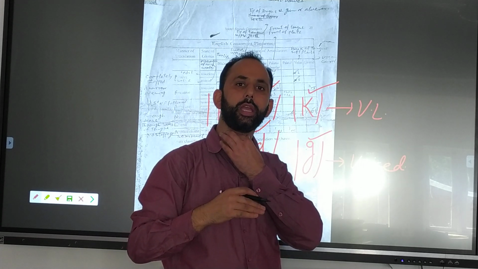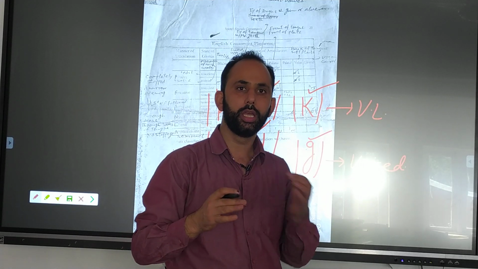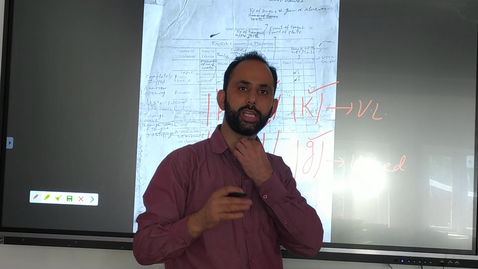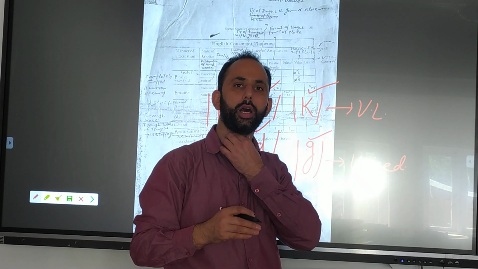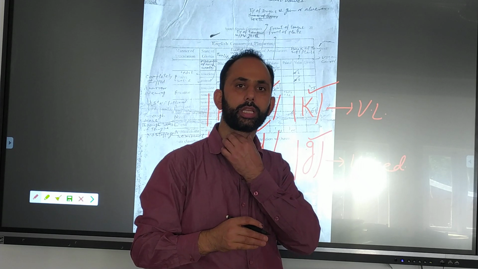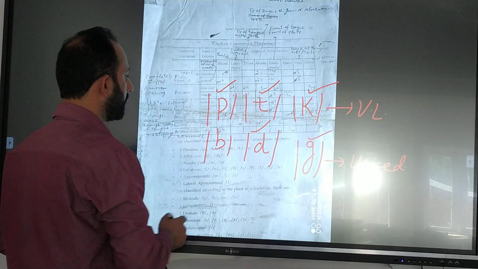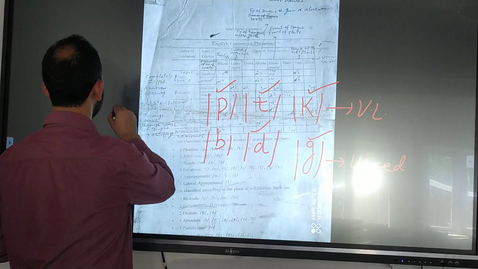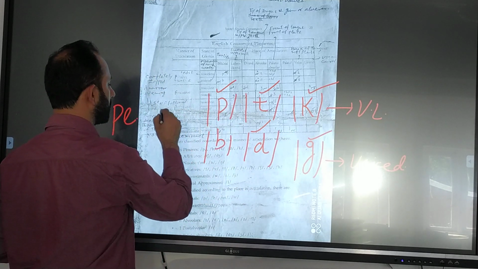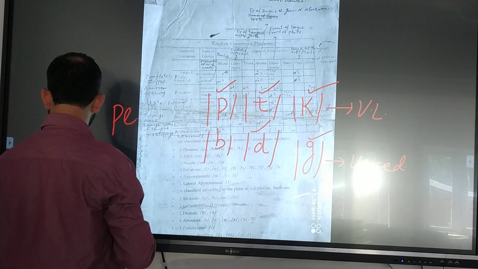In other words, we can make the difference of voiced and voiceless: when we produce voiced sounds, our vocal cords vibrate. For example, go, you can hear. These are plosives. In this way, we have completed the plosives.